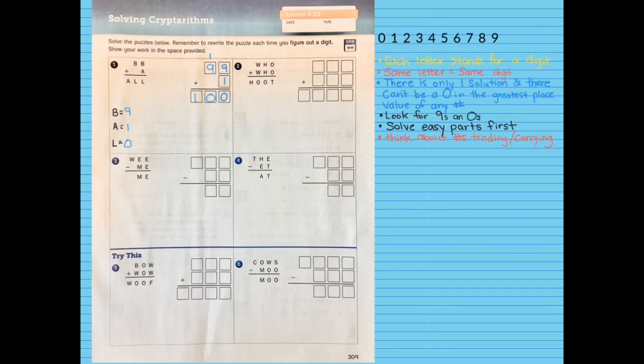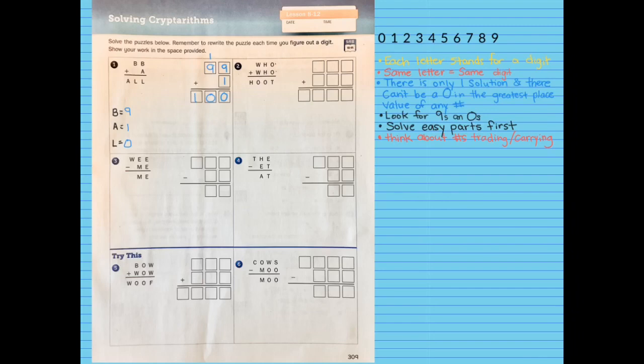Well, I know 1 plus 1 equals 2. But let's think about that. Would a 1 and a 1 work here as well? Is there something plus something that's going to give you 1? No, so we can't use 1 as the variable for O. That's just not going to work for O. So let's think about 2.